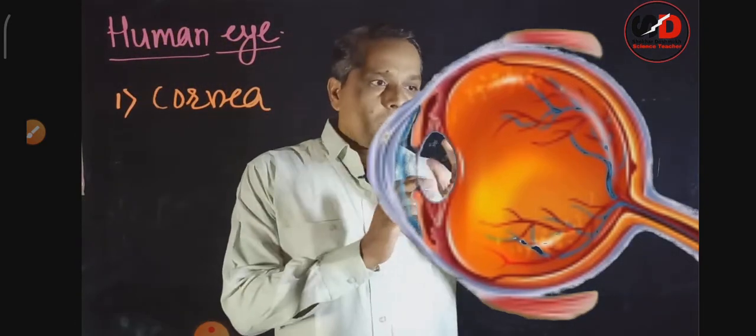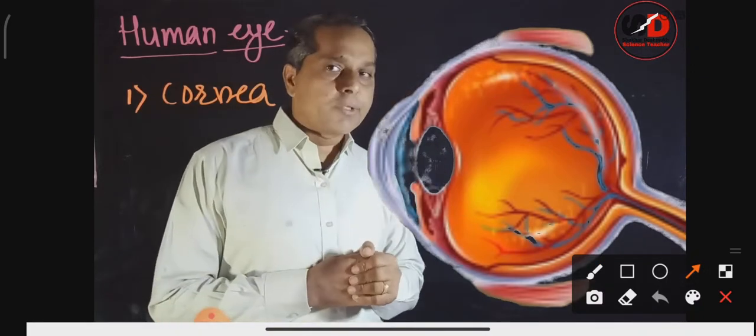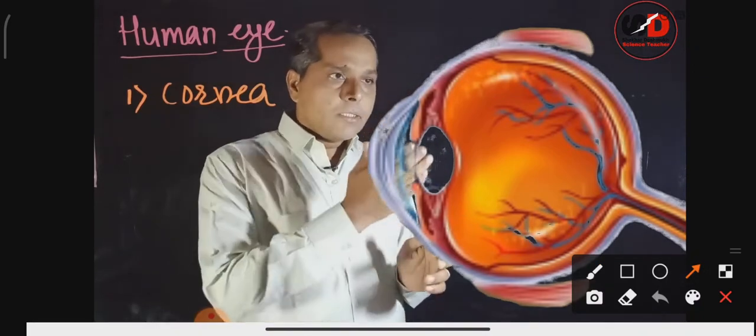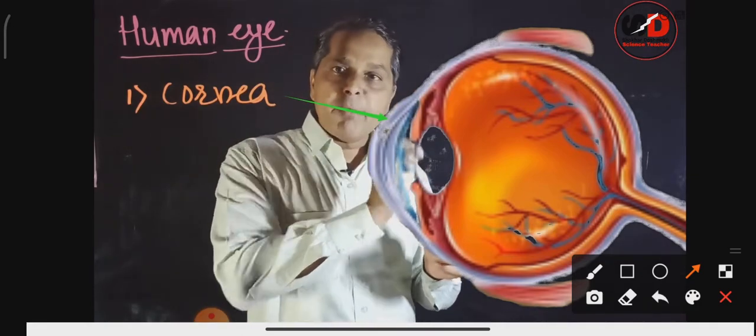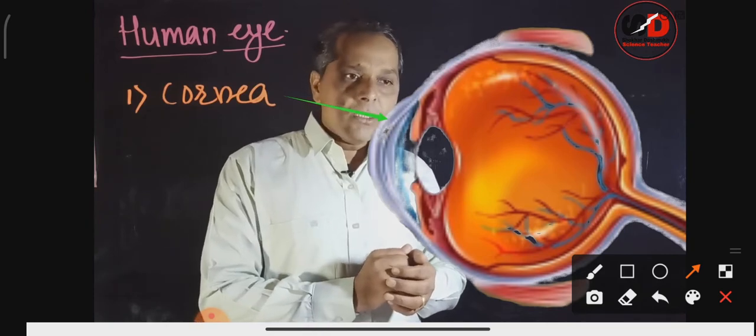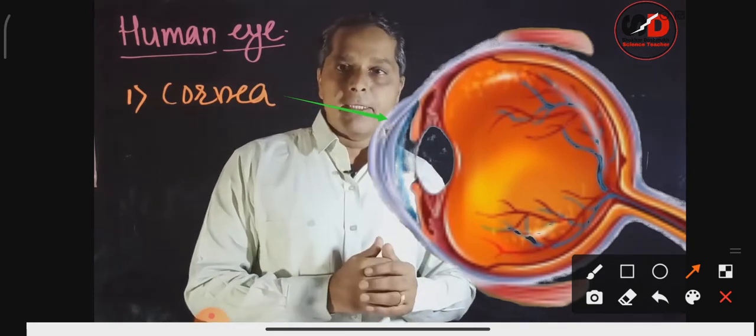Actually, the cornea is the outermost transparent membrane of the human eye, and you can see it in this video. It is the outermost transparent membrane which refracts almost all light falling on it into the eye.